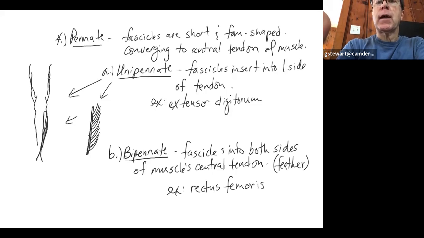The rectus femoris kind of looks like this. It sits in the front. It has a central tendon running down the middle of it, and the fascicles all converge from both sides.